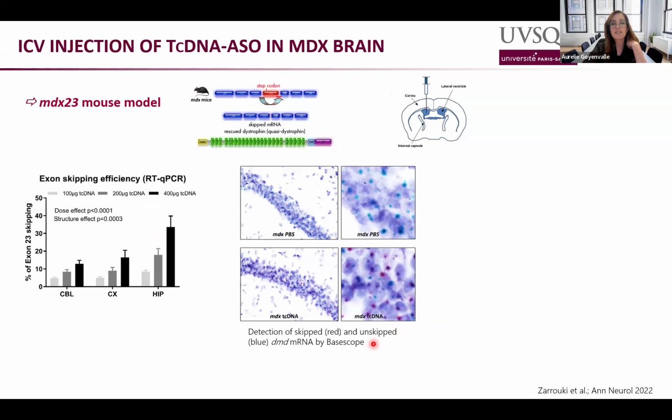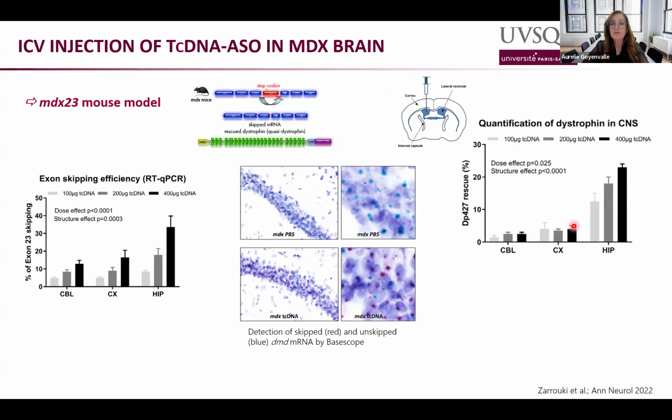Here we also detected the effect using BaseScope, an in situ hybridization. And you can see the red dots here correspond to the exon 23 skip junction. And so we were able to see clearly in the granular layer of the hippocampus that there was a strong exon skipping.